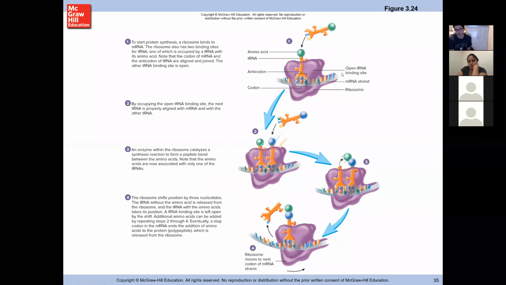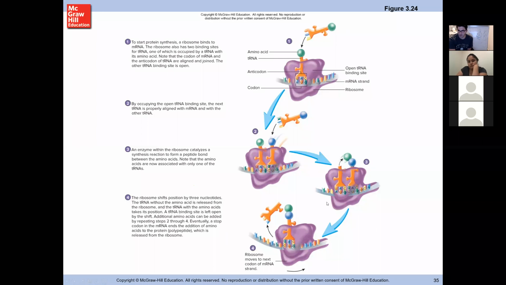So through the process of translation right here, our starting tRNA molecule kind of shifts sites as the ribbon of mRNA moves through, kind of like a conveyor belt. And then we open up another site to allow for a new tRNA molecule to be brought in. Then we shove that first amino acid onto our growing chain right here, forming a peptide bond, and therefore creating an amino acid chain.